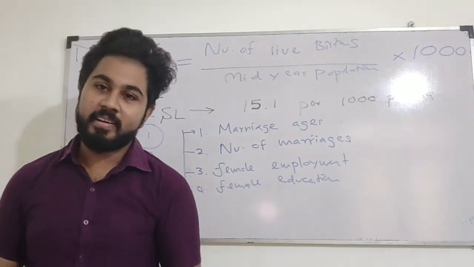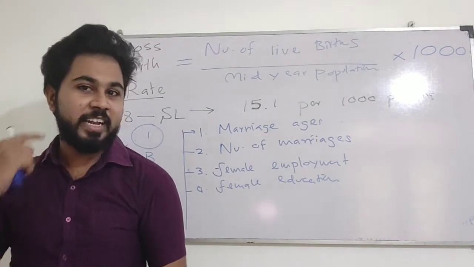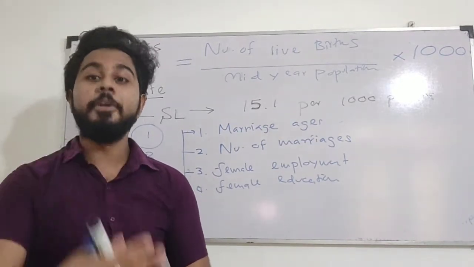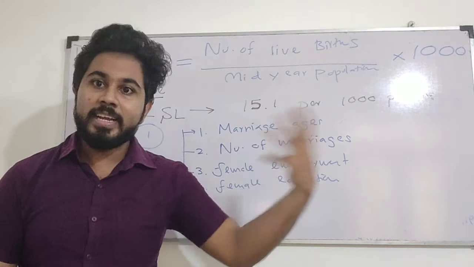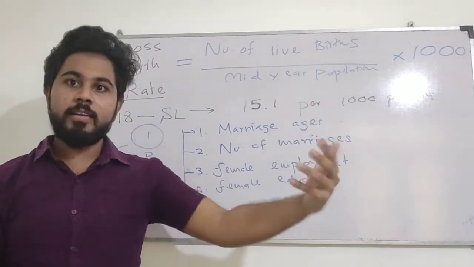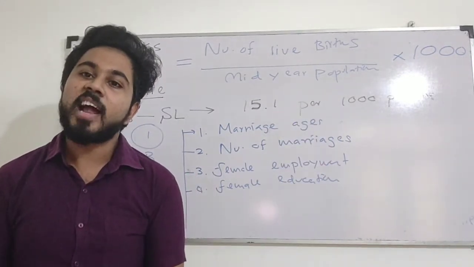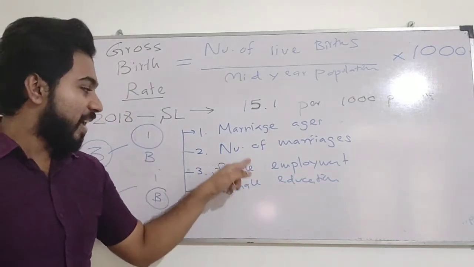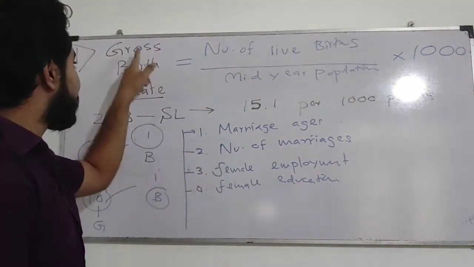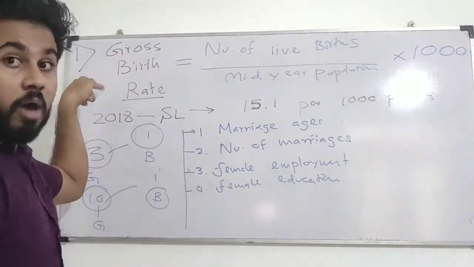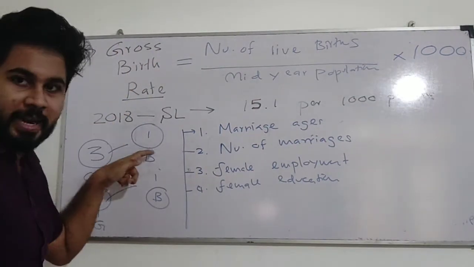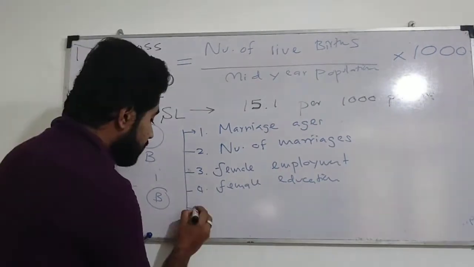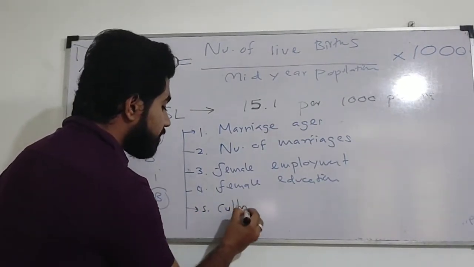Definitely, females will tend to be involved in job activities, in professional activities, rather than generating babies. No? So female education and female employment also affect the fall of the gross birth rate.